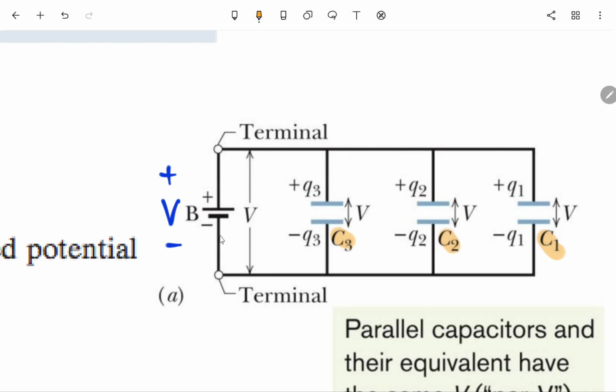Which means as much as we have a potential difference V for this battery, we also have V here, and V here. Okay, so due to the parallel, they share the potential difference or share the voltage.